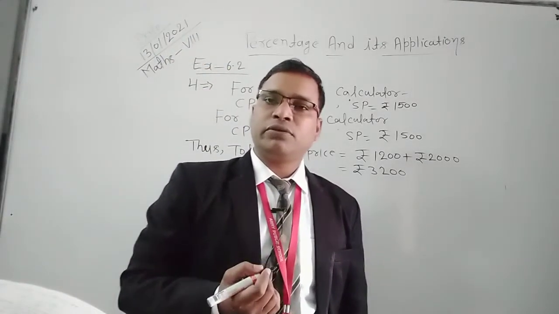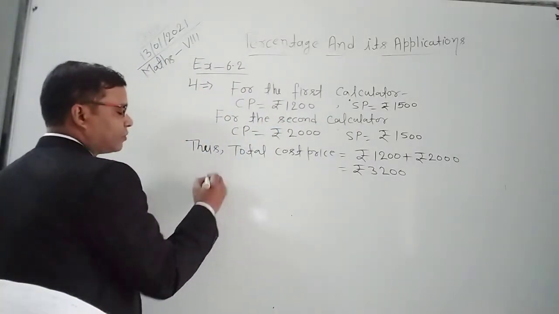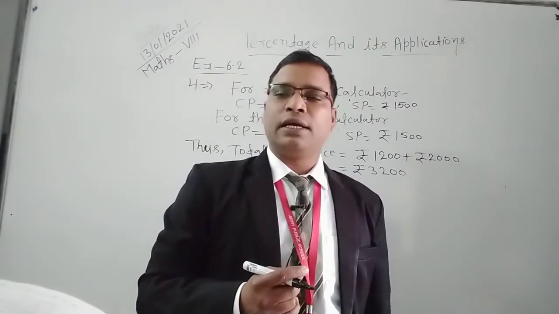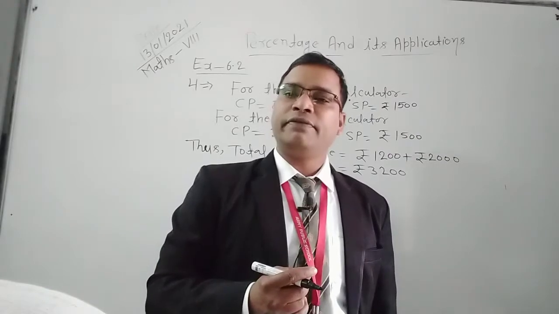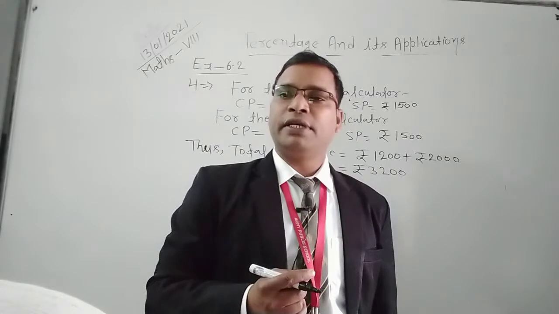Now, what is the total selling price? The selling price is given as 1500 each. David sells two calculators for 1500 each.